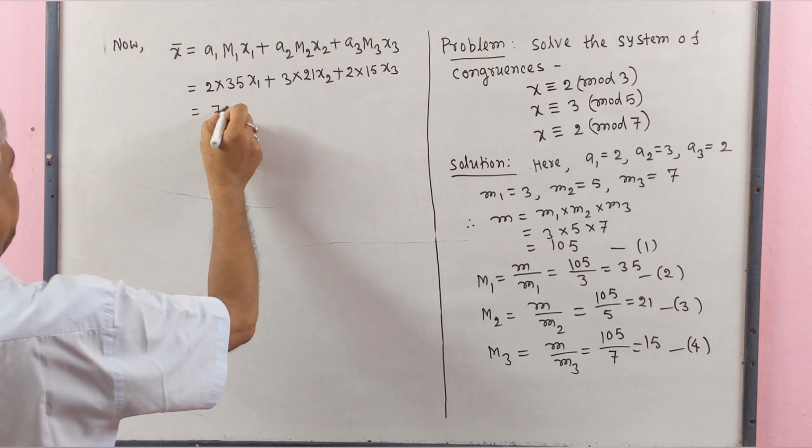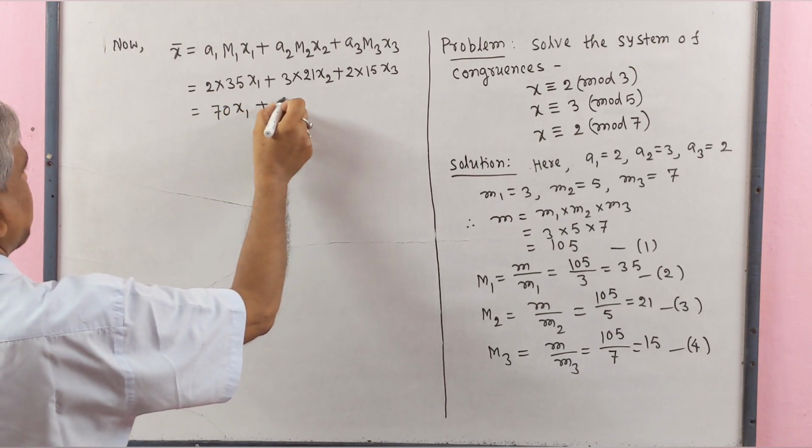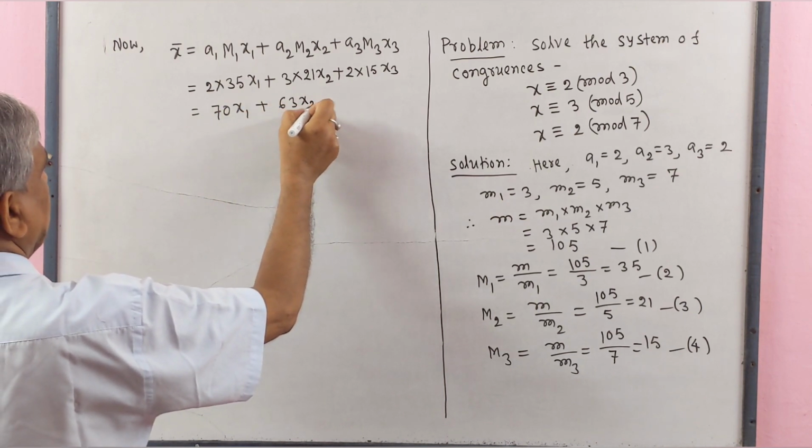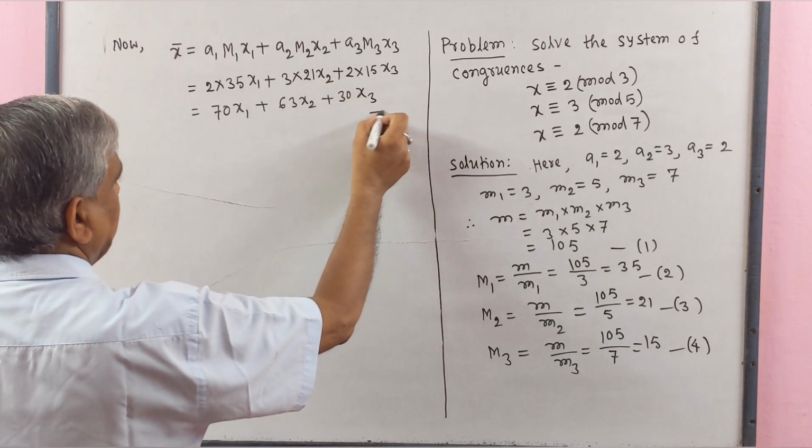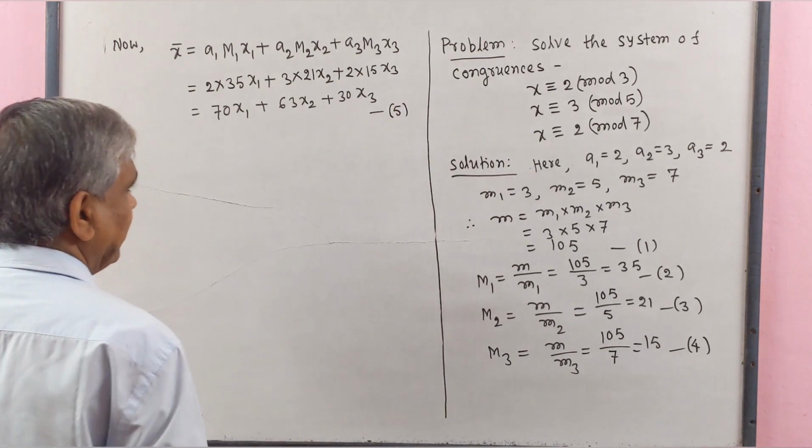This is 70 x1 plus 63 x2 plus 30 x3. This is number 5.